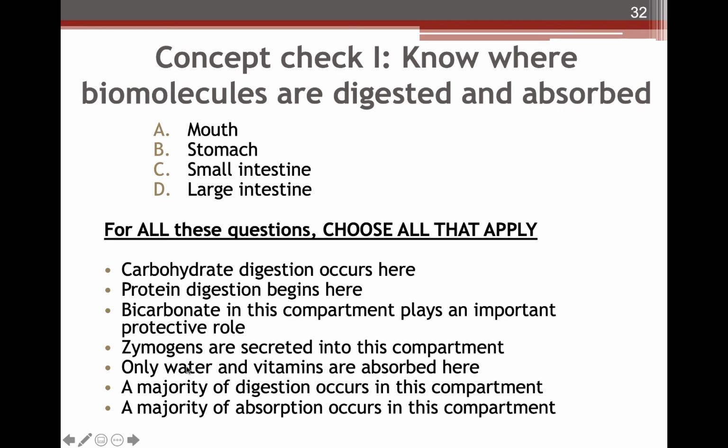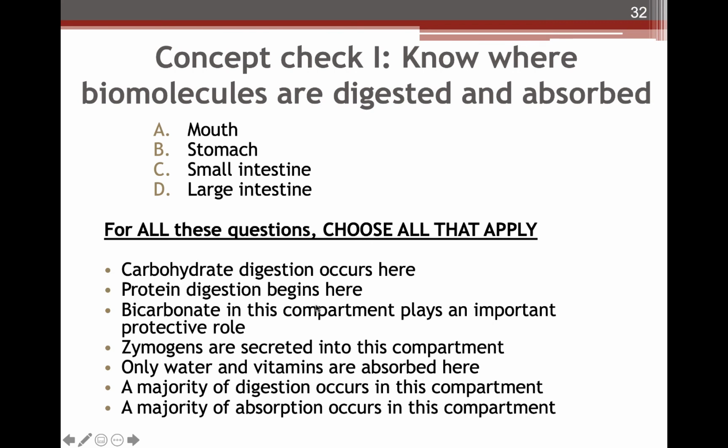So when you are asked questions like this, you're going to need to answer questions like carbohydrate digestion occurs here. Occurs just means that it has enzymes in order to occur. Or I may ask you where, say, a biomolecule category like protein digestion begins here.